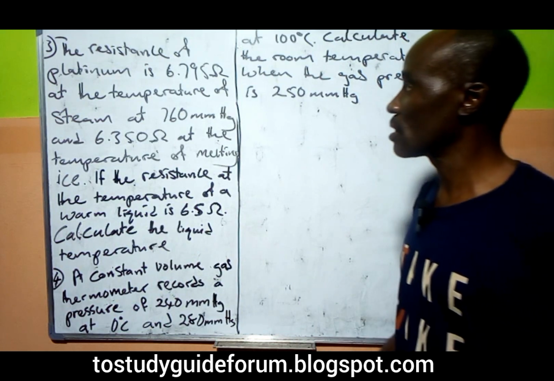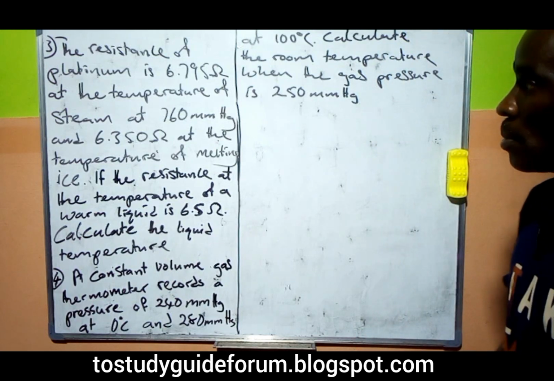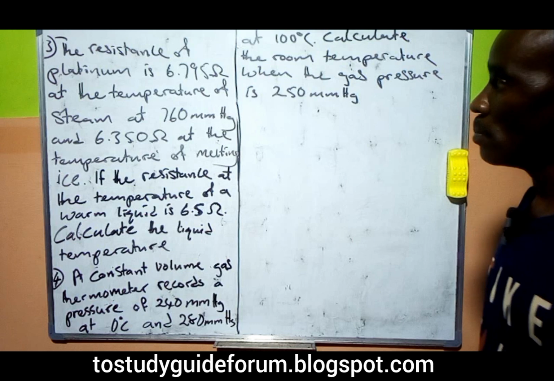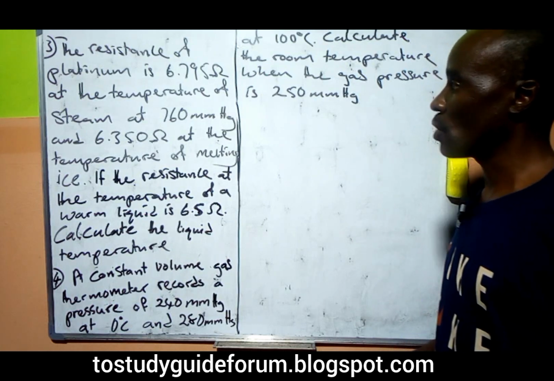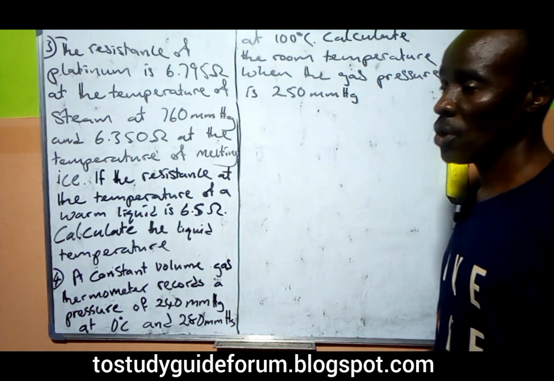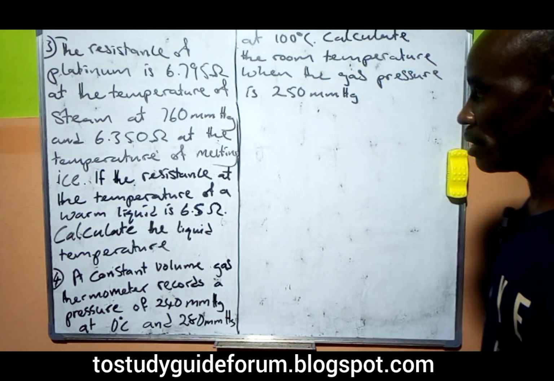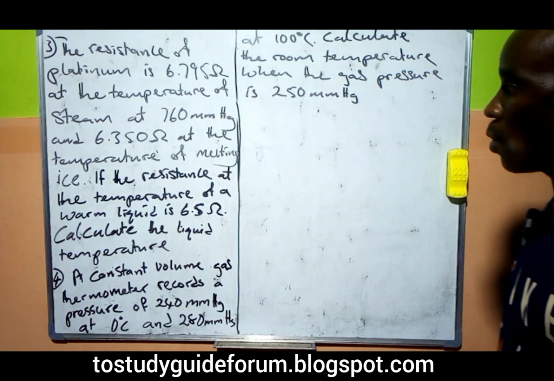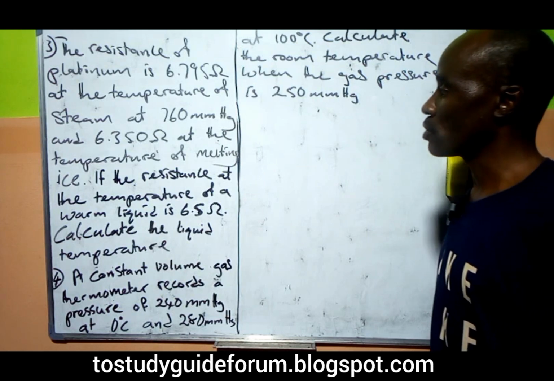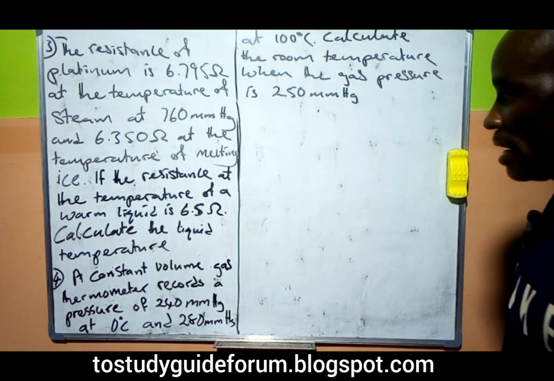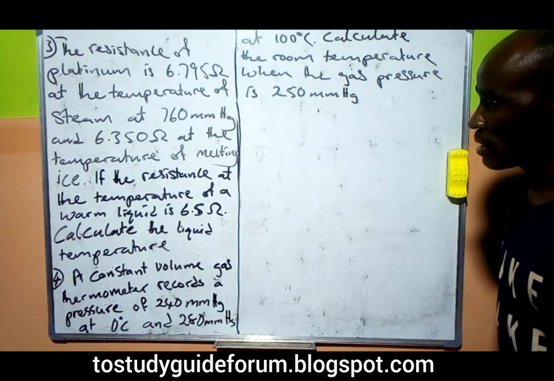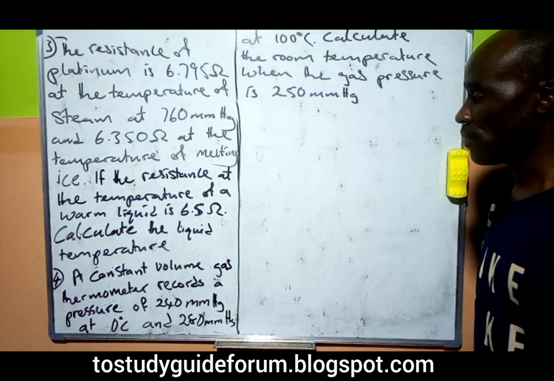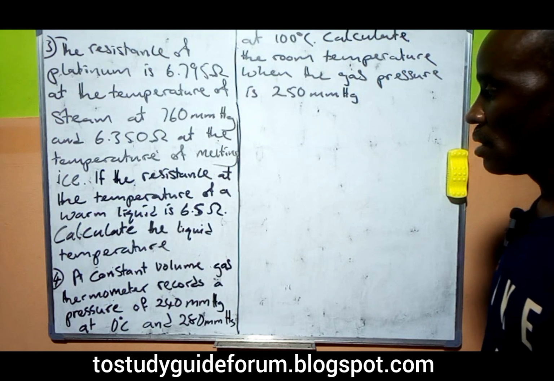It says that the resistance of a platinum is 6.795 ohms at the temperature of steam at 760 millimeter mercury and 6.3050 ohms at the temperature of melting ice. If the resistance at the temperature of the warm water is 6.5 ohms, calculate the liquid temperature.